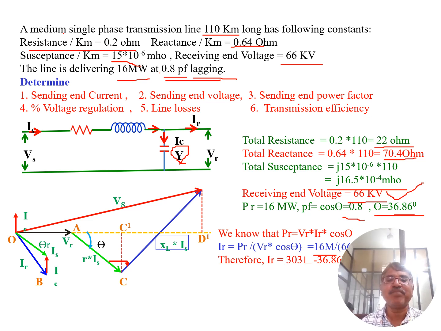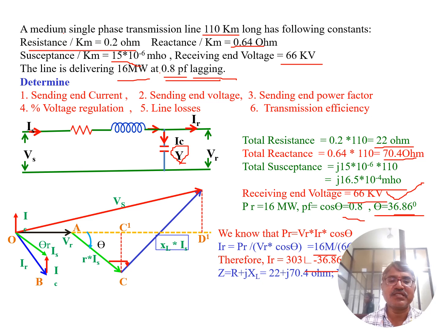It means that with respect to the receiving end voltage as reference, the current lags by 36.86. That's why it is represented as IR is equal to 303 at an angle of minus 36.86 degrees.